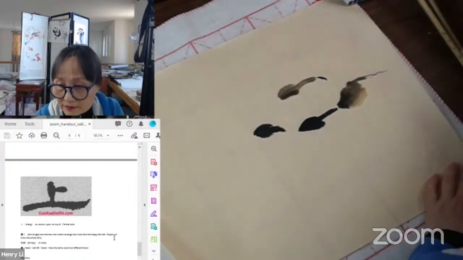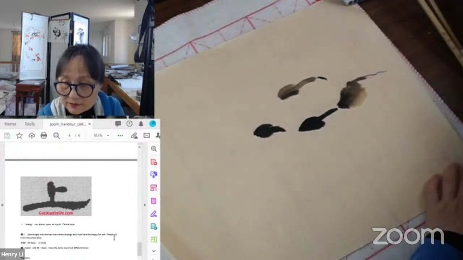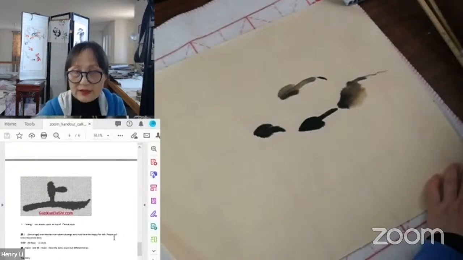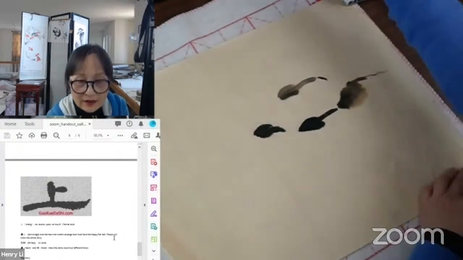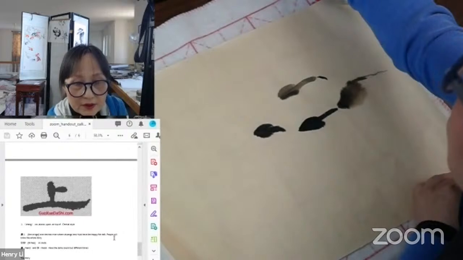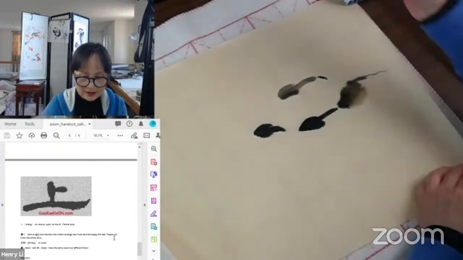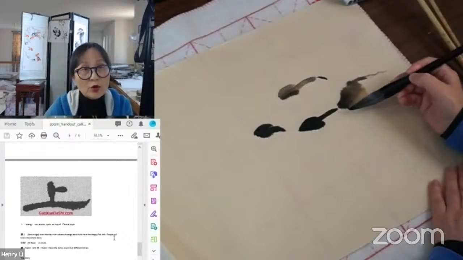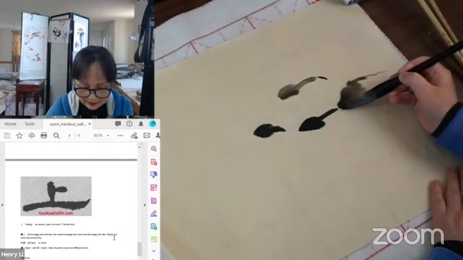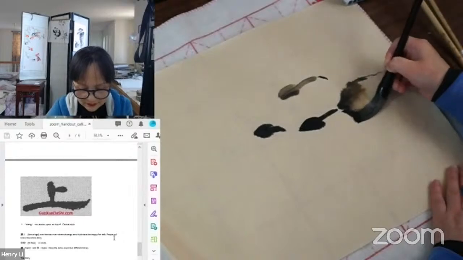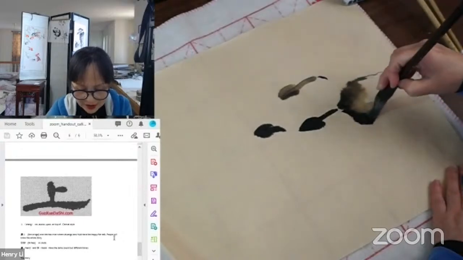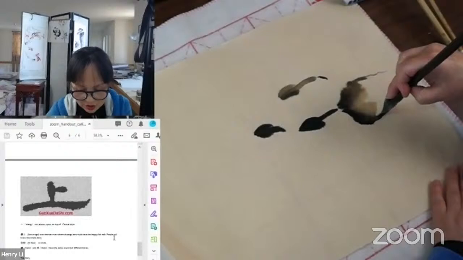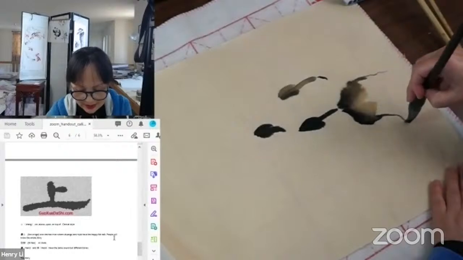Understand that? Light ink, dip the dark tip, and then pull the brush to the side and lift it, twisting your brush along the dark side.